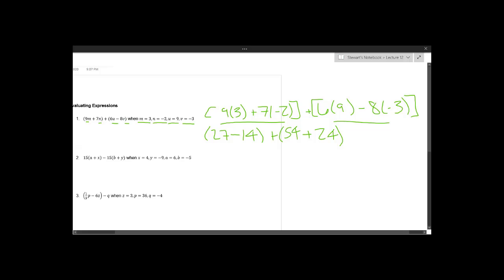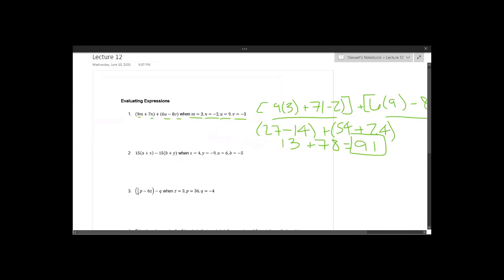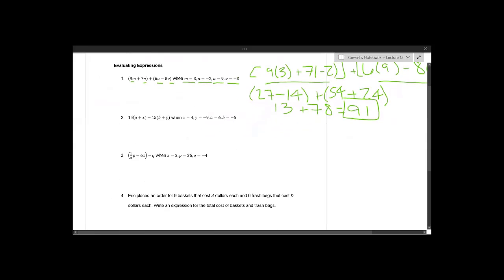So we have here 13 plus 78, which is 91. So overall, this expression is equal to 91. Pretty simple. You just plug and chug. If you've heard that expression before, just plug and chug.